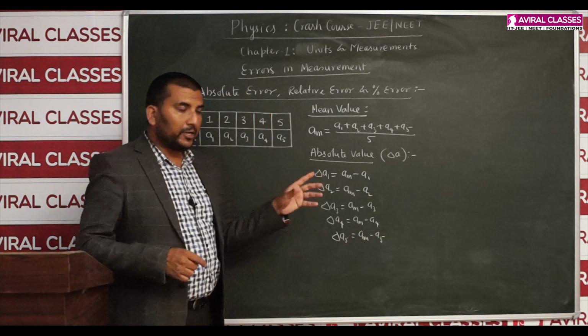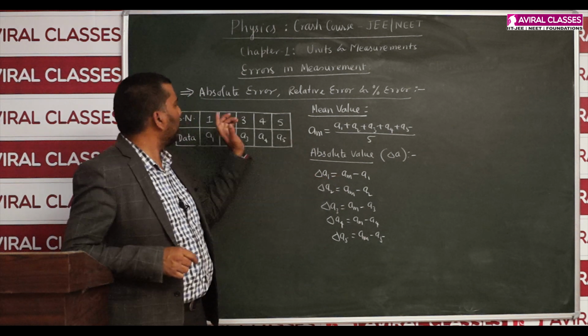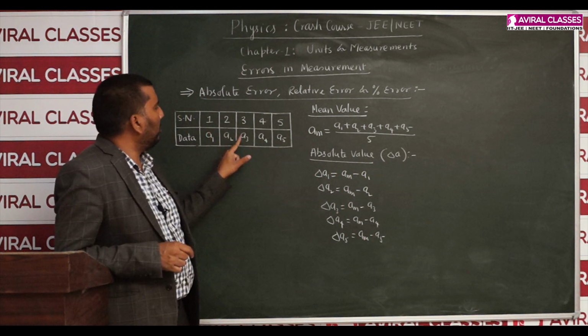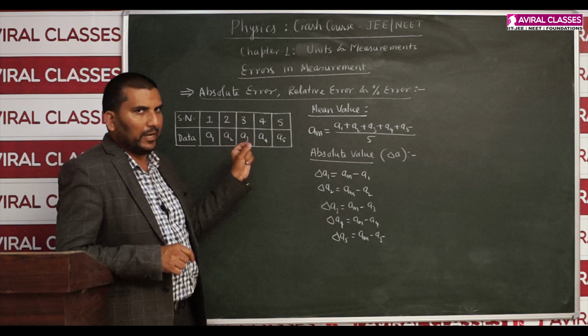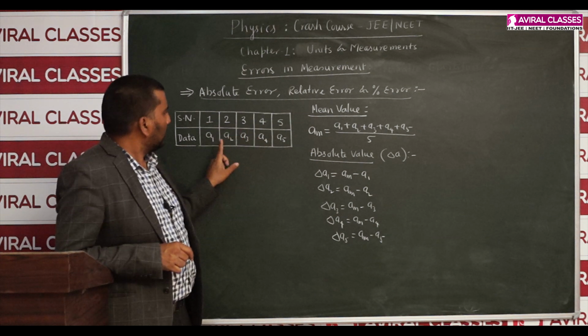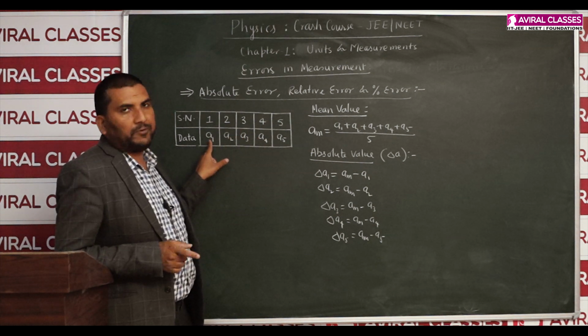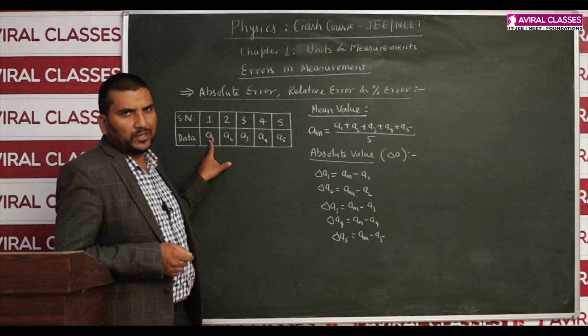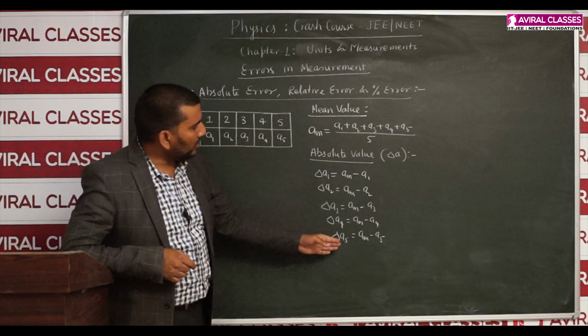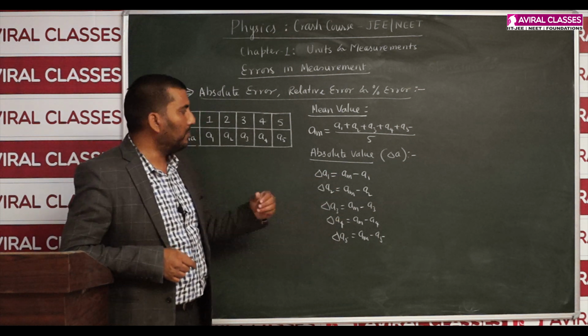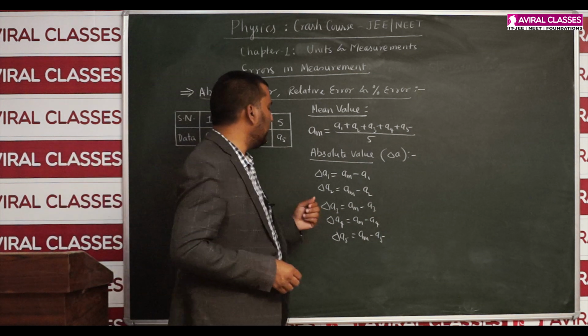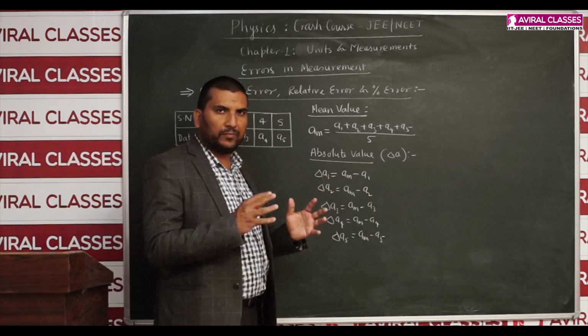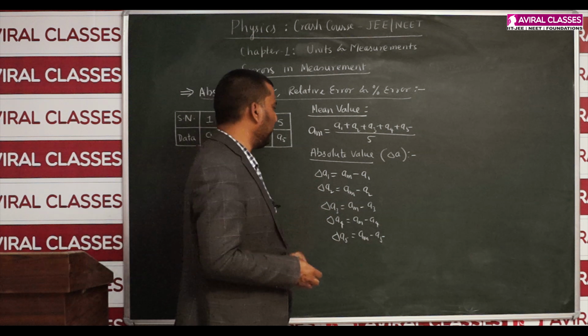You may get some negative absolute errors also. Suppose for example the readings are 4.5, 5.3, 5.2 like this, and the mean value is 5.4. So 5.4 minus 5.5 will be minus 0.1. So you may have a positive or negative value, but we only consider the modulus of it, the deviation of it.